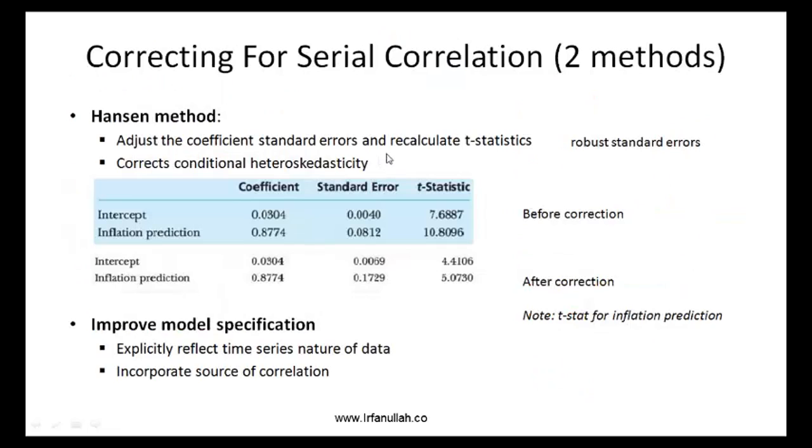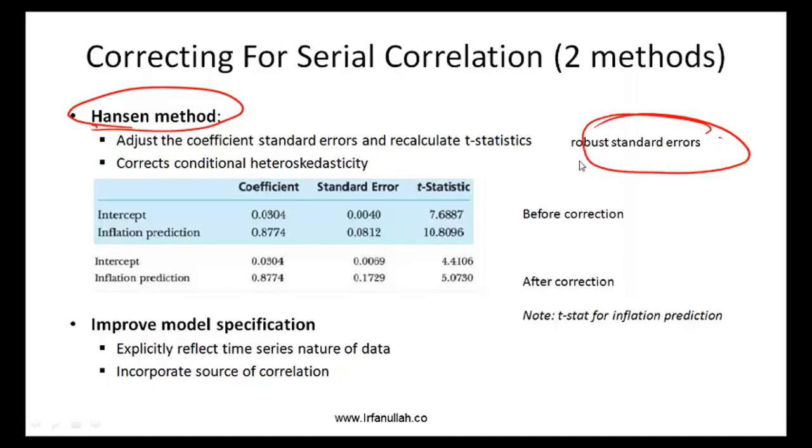All right. What do you think the next point will be now? How do you correct? And here you use the Hansen method. This Hansen method is more or less the same thing as the robust standard error. So simplistically, you can think that for both heteroscedasticity and serial correlation, you have the same method. What do these things do?